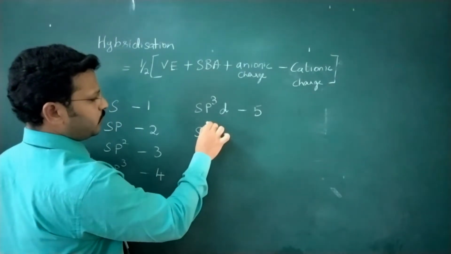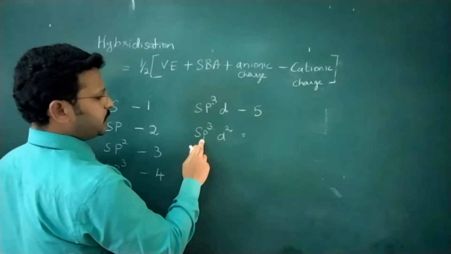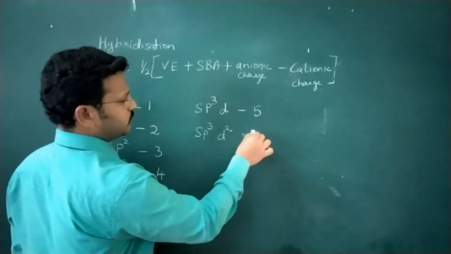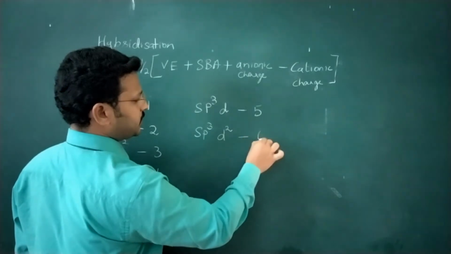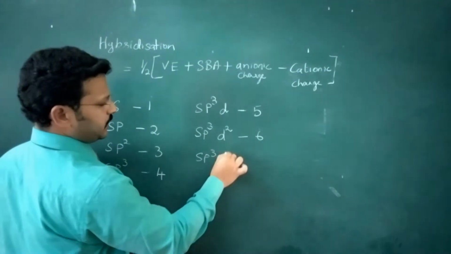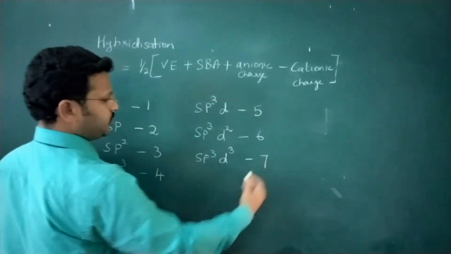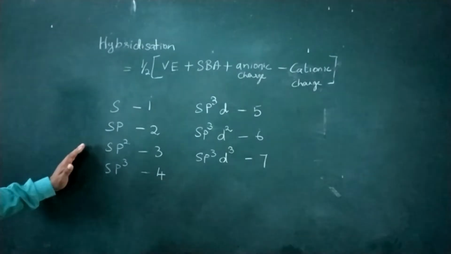Taking one more d orbital gives sp3d2 hybridization, so the number of orbitals is 6. Then sp3d3 hybridization has 7 orbitals. You just take this count.